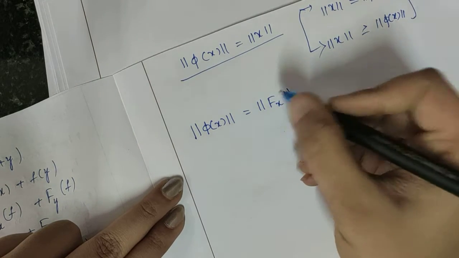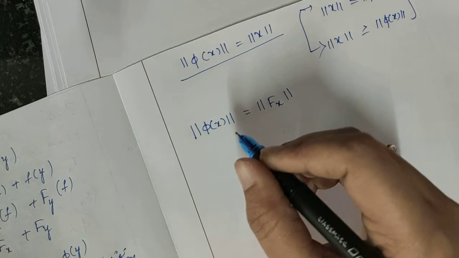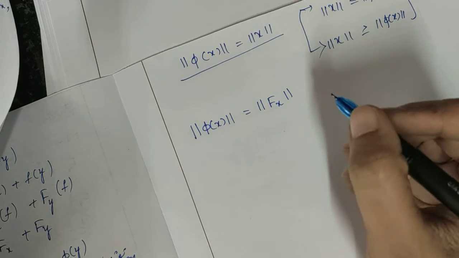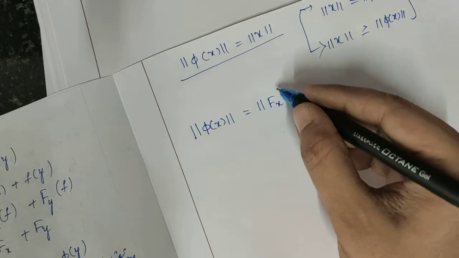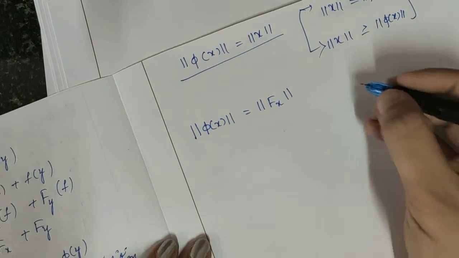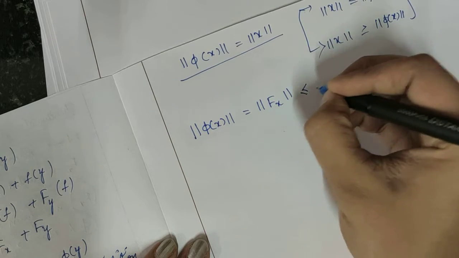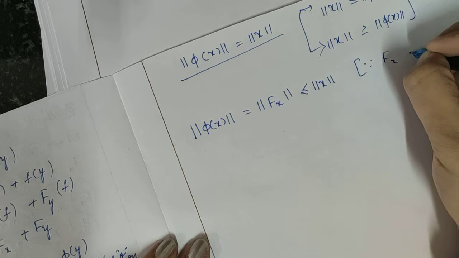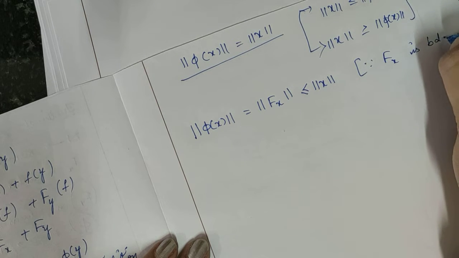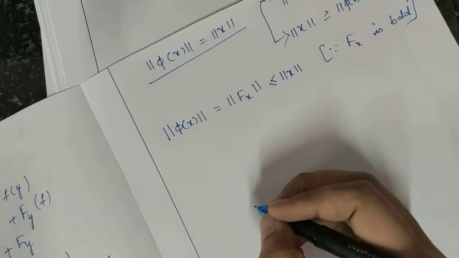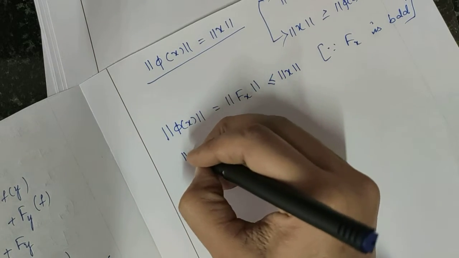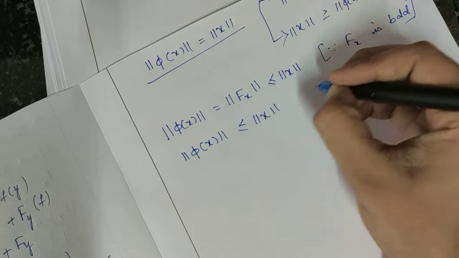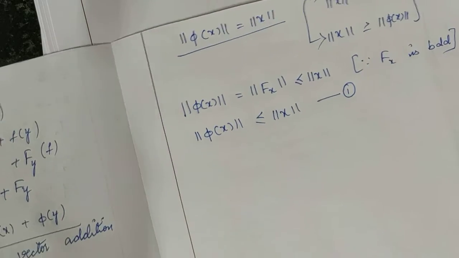Right? Since f_x is bounded, this is less than or equal to norm x. So norm phi of x is less than or equal to norm x. This is my first inequality.